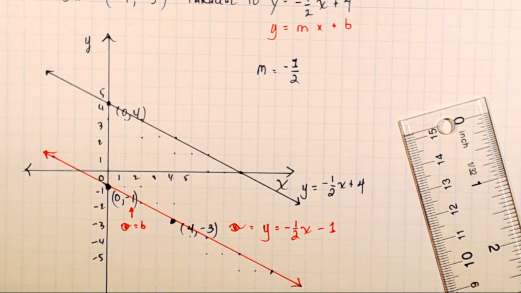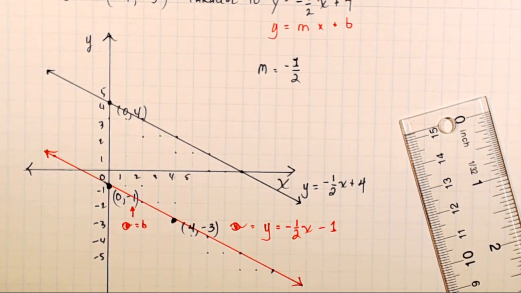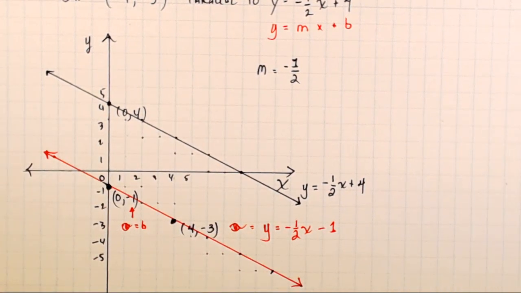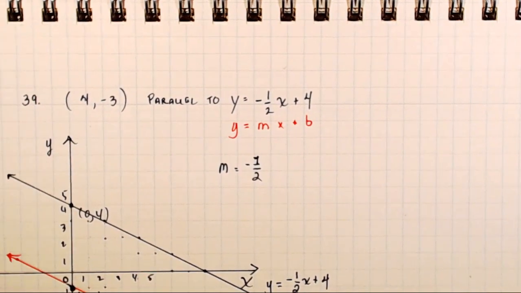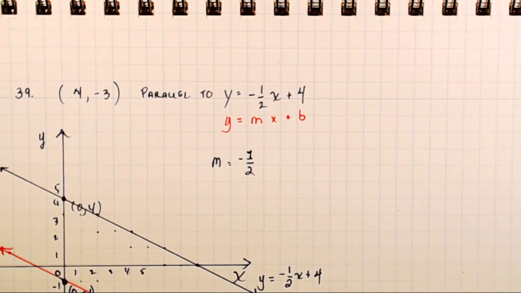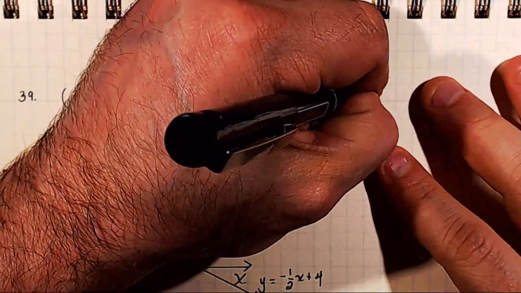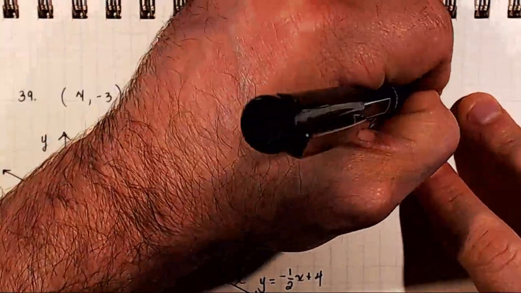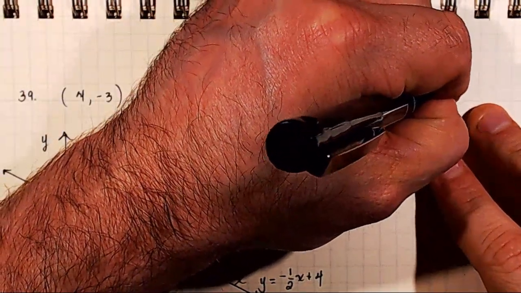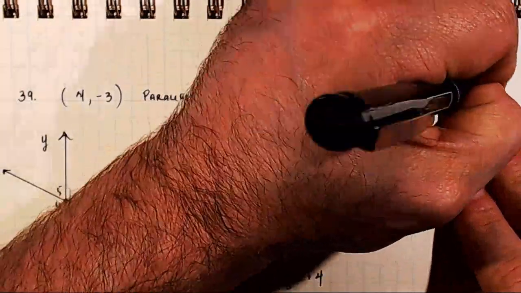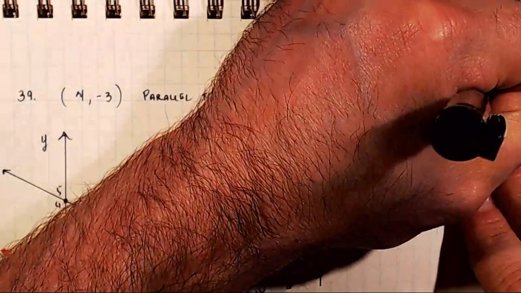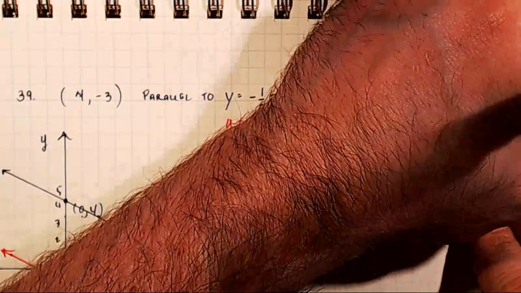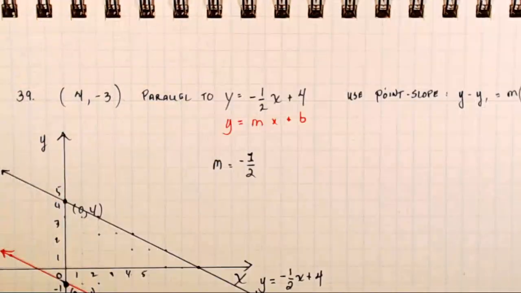Okay, now I need to write that in standard form, but first I need to make sure that I did this correctly because I just did all this visually. So let's go back to our equation and we will actually use point slope. Remember, point slope is y minus y1 equals m, open parentheses, x minus x1, close parentheses.